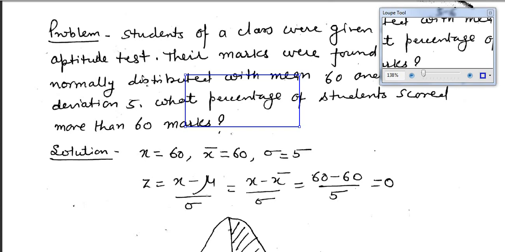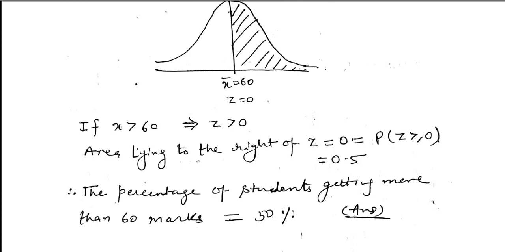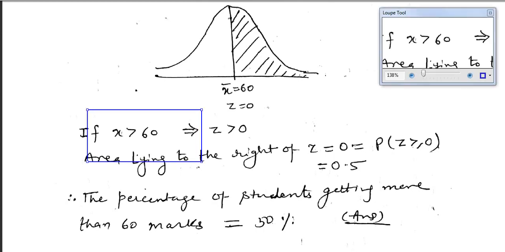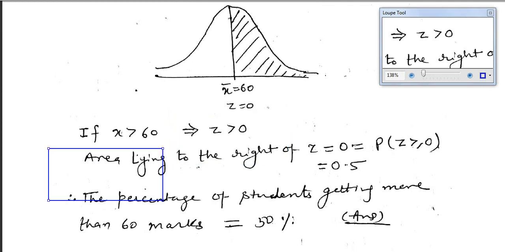Again, look here, x greater than 60 means z greater than 0.